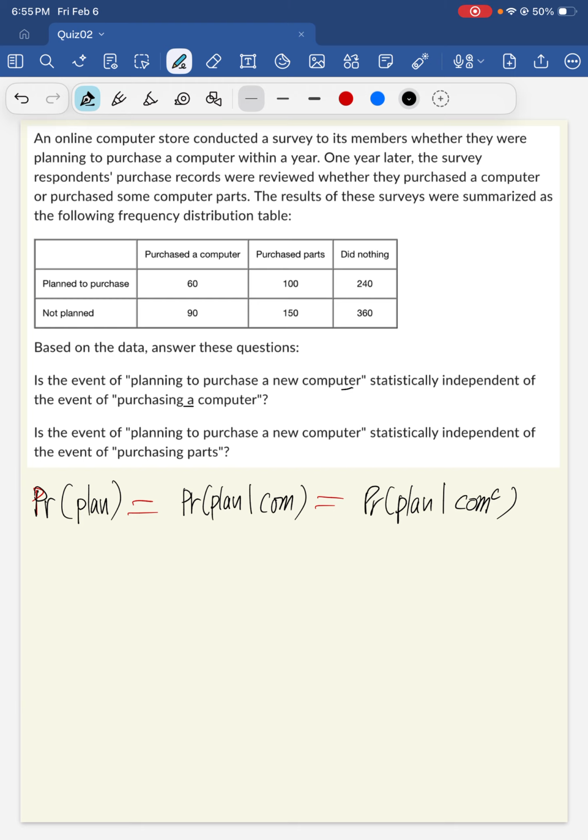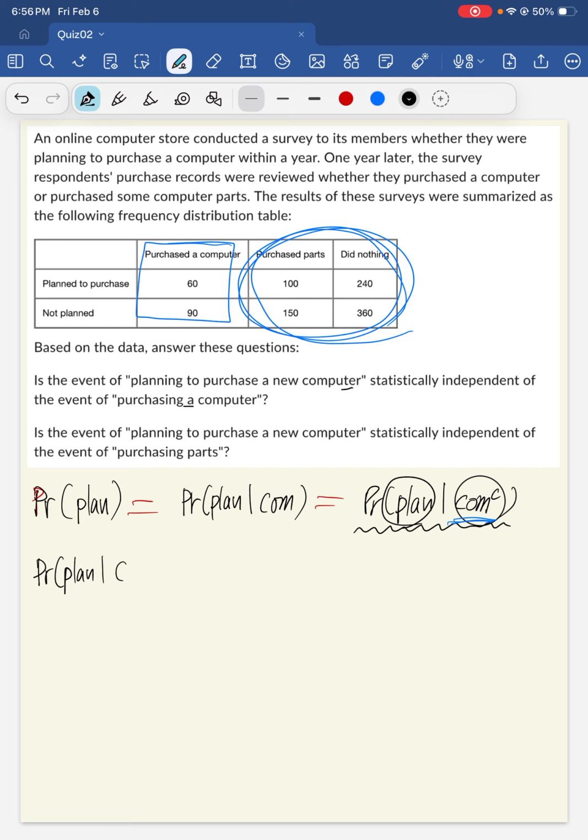In this case, especially, I wanted to show you how to calculate this one. So you did not buy a computer this year. Then among them, how many actually planned to buy but couldn't? So think about those who did not buy a computer. So this is those who bought a computer this year. Then its complement is this much. It is not just one column. It contains 4 outcomes.